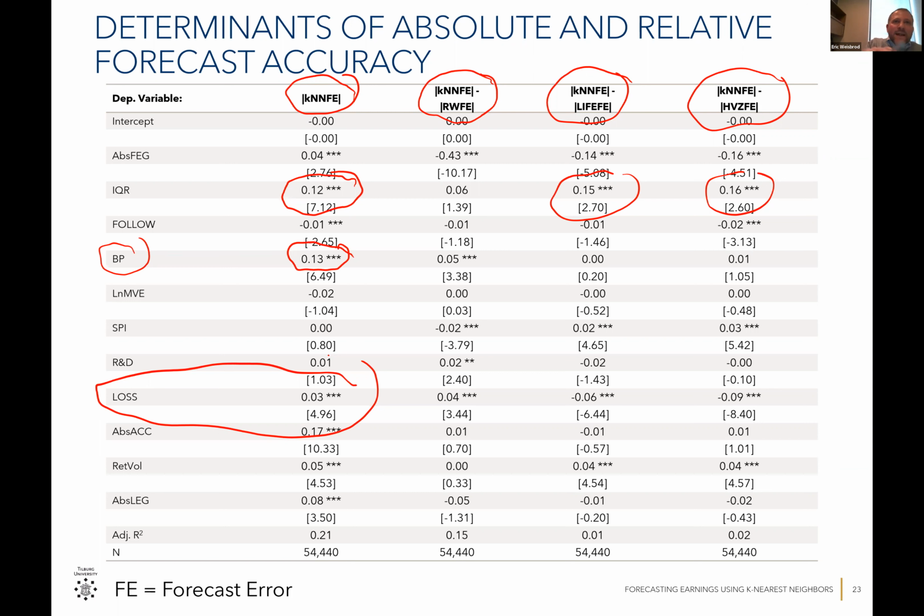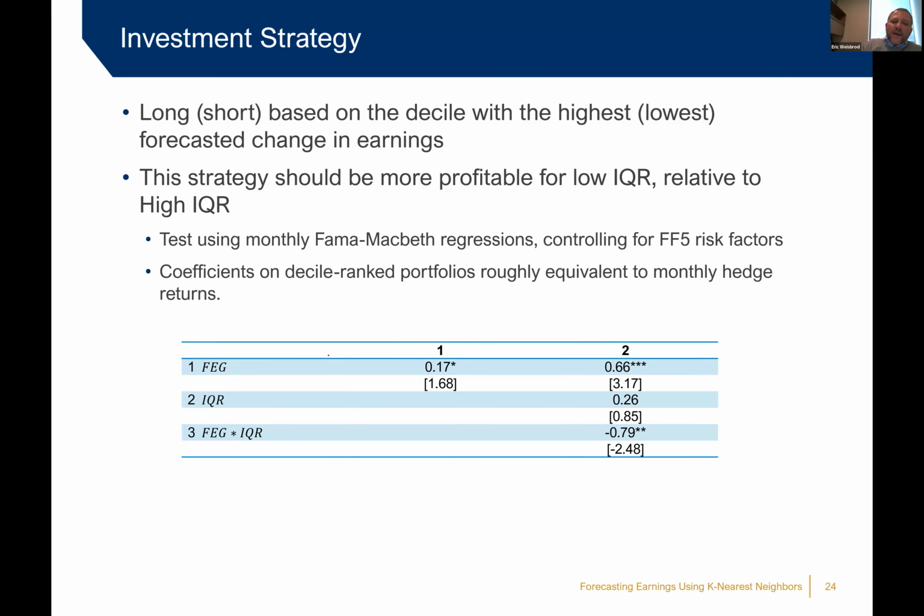I know I have limited time left, so I don't want to go into every variable individually, but this is to me one of the most interesting parts, as Stephen mentioned, of saying this isn't going to work the best every single time. So when is it going to give better or worse matches? And then we incorporate that into a potential trading strategy.